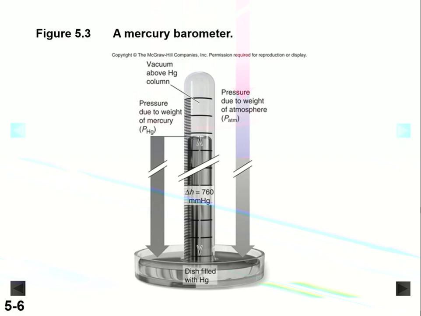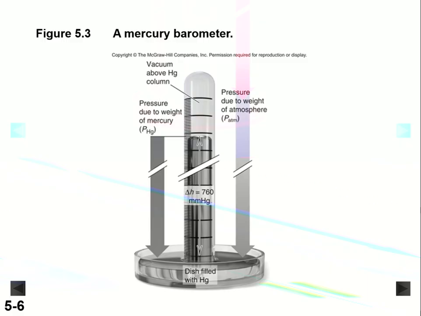Mercury is not used as much anymore because mercury is a neurotoxin. Mercury is a liquid at room temperature and it vaporizes. There's a small vapor pressure above that. And mercury atoms that come off, if you breathe them in, they're neutral and they can pass the blood-brain barrier and they're not good for your health.